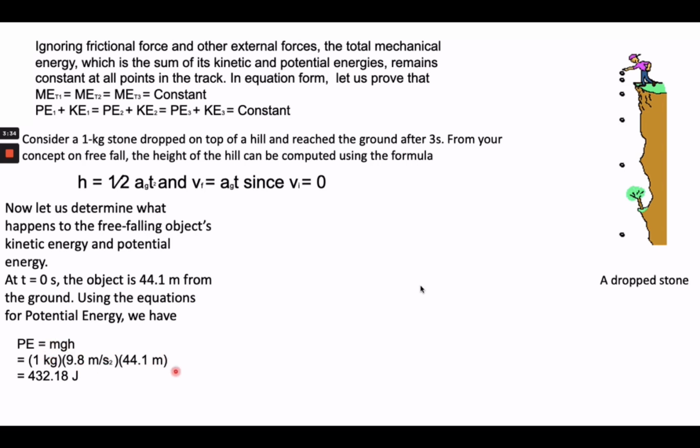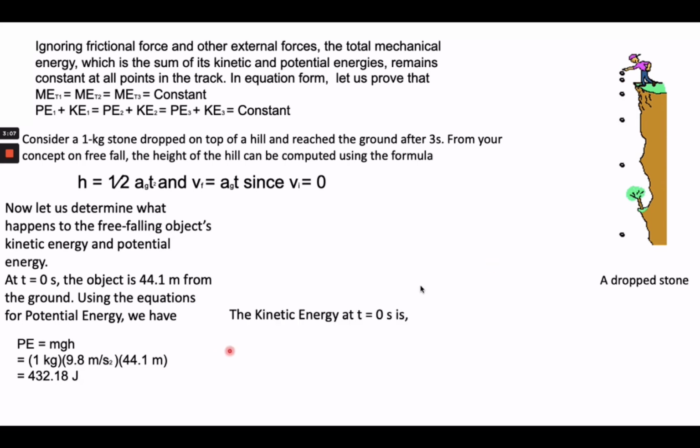So we multiply those given, and that would give us a product of 432.18 joules. This is our potential energy. Again, this is when the guy holds the stone, so it's 0 seconds with 44.1 meters height from the ground.